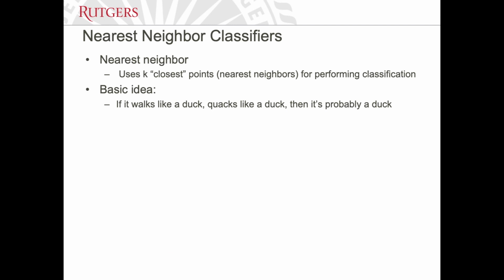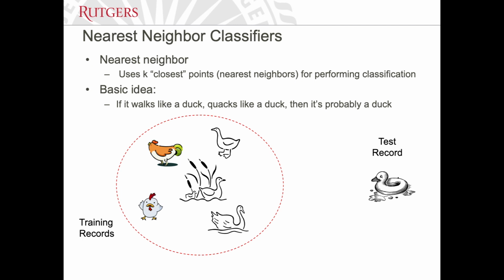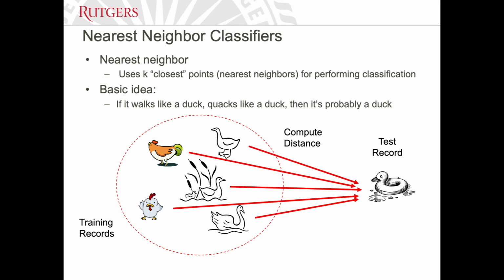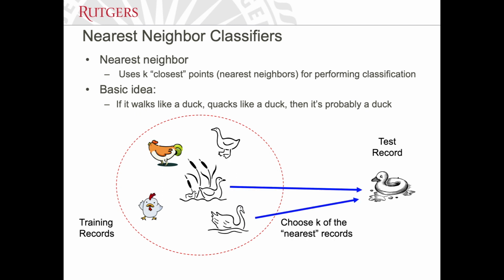The basic idea here is to choose the neighbors for the test record. So we compute the distance between the test record, for example, the duck, and the training records. Then the classification of the duck is based on the classification of its nearest neighbor.